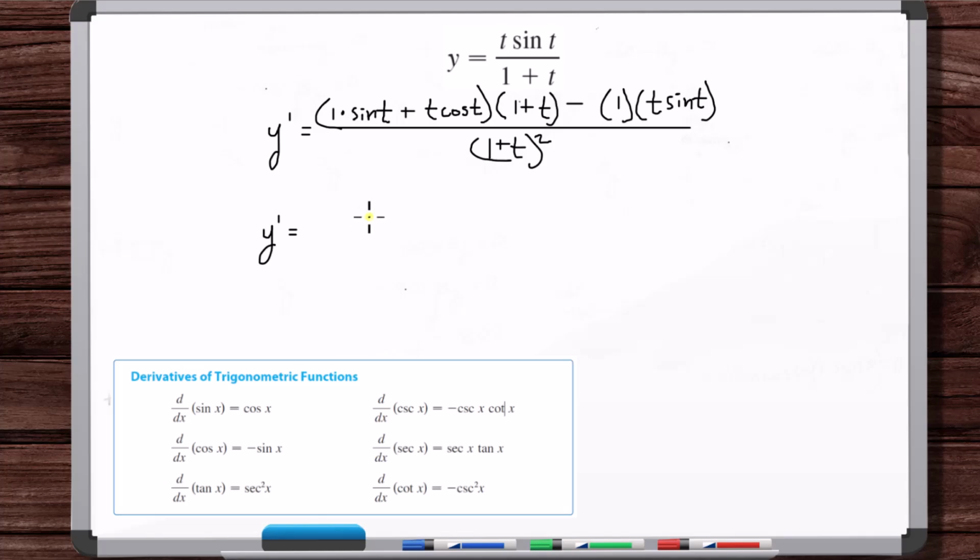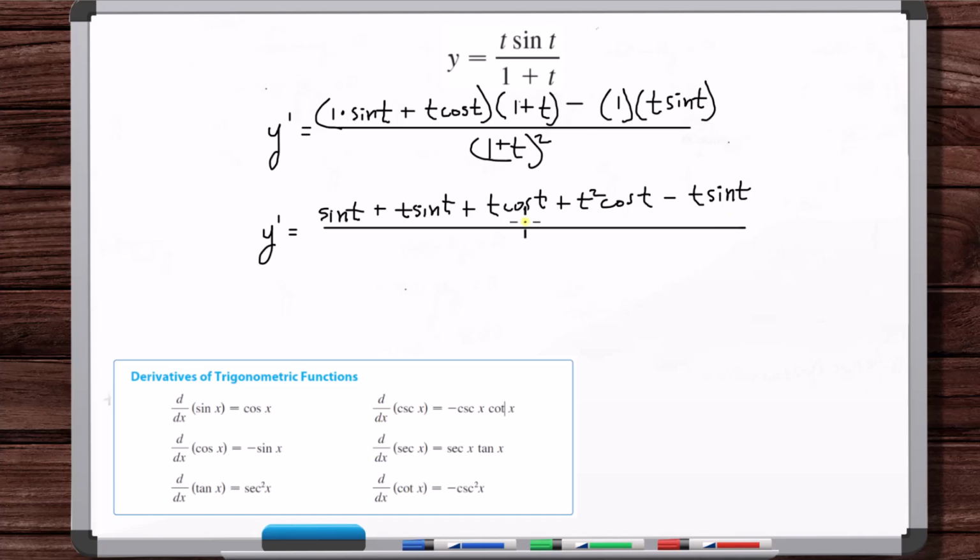Let's just simplify. So let's distribute this here. We've got sine t plus t sine t plus t cosine t plus t squared cosine t minus t sine t, and then, okay, so we can add the corresponding cosine of t and sine of t terms.